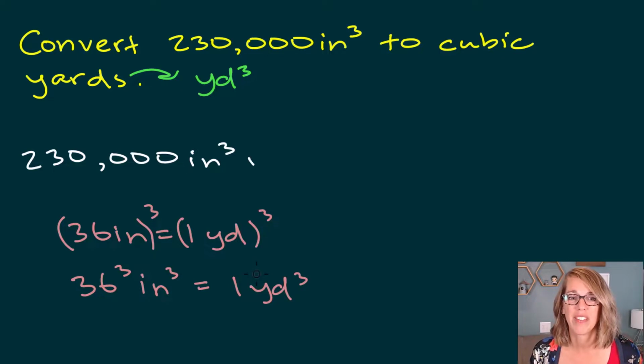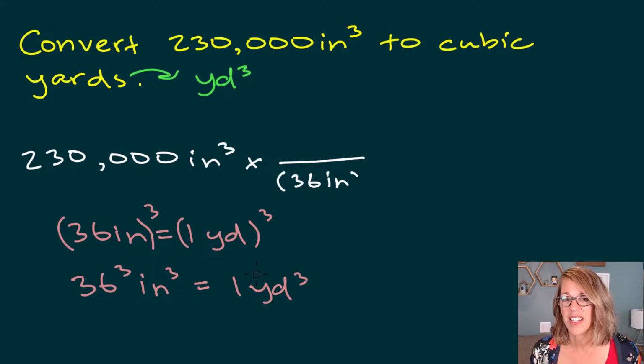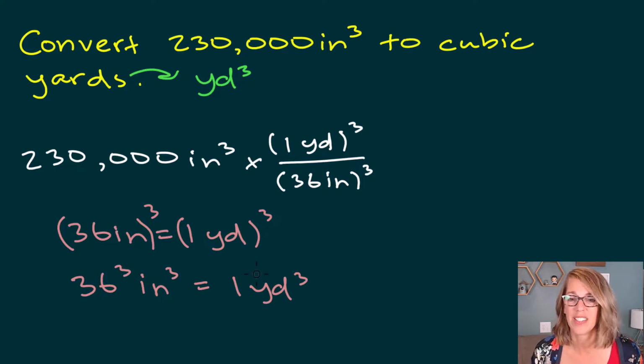So let's go ahead and multiply this in. I'm going to put my 36 inches cubed in my denominator and 1 yard cubed in my numerator. As I simplify this, I end up canceling my cubic inches, but this turns out to be 36 cubed, and I am left with my cubic yards.